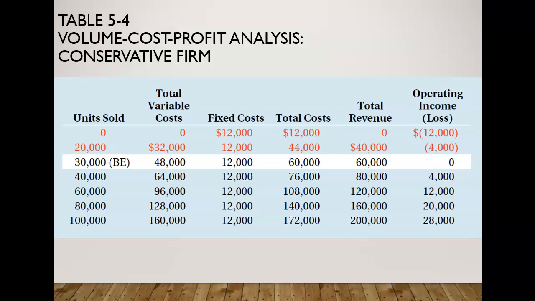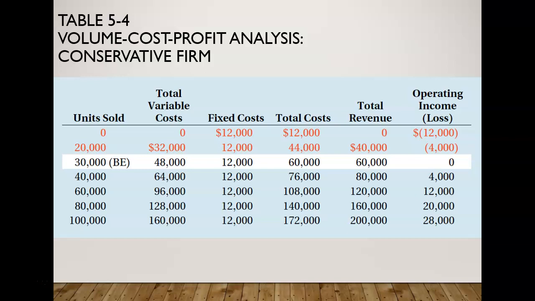So if a company is able to generate $60,000 in revenue, it will break even. For it to generate $60,000 in revenue, it will need to sell 30,000 units. Now, above 30,000 units, just as in the case of the more risky firm, the firm will show profit.